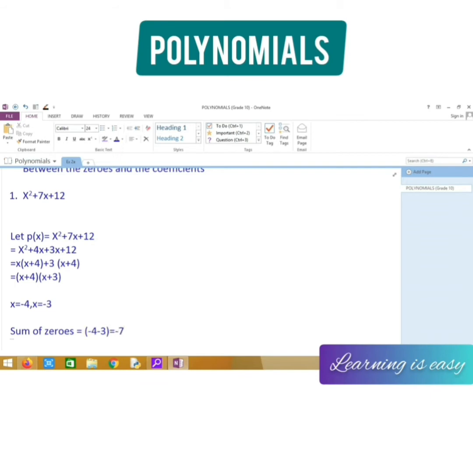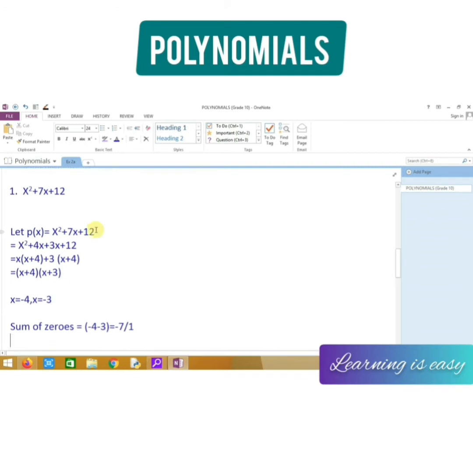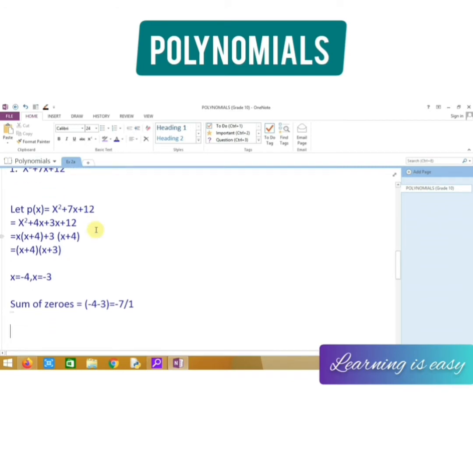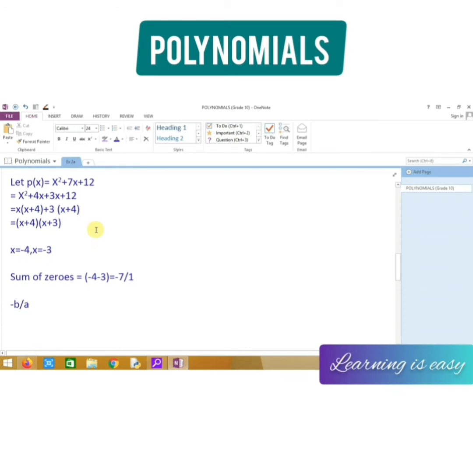So minus 7 by 1, because sum of zeros is of form minus b by a, where minus b is nothing but coefficient of x is the b, and by coefficient of x square, that's a. As per the quadratic equation, ax square plus bx plus c equal to 0.